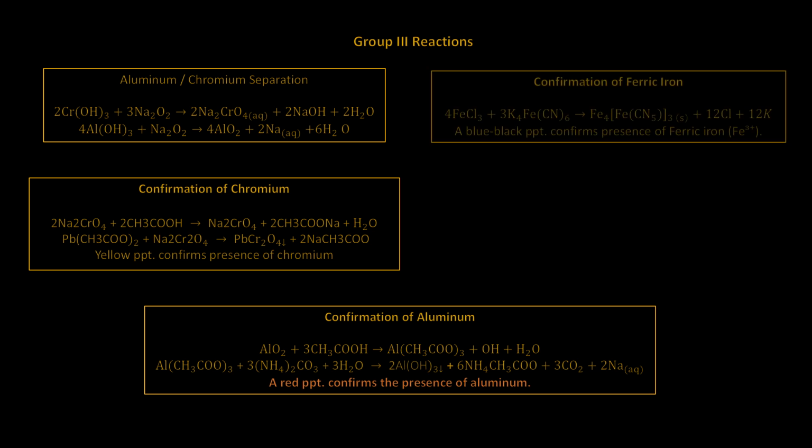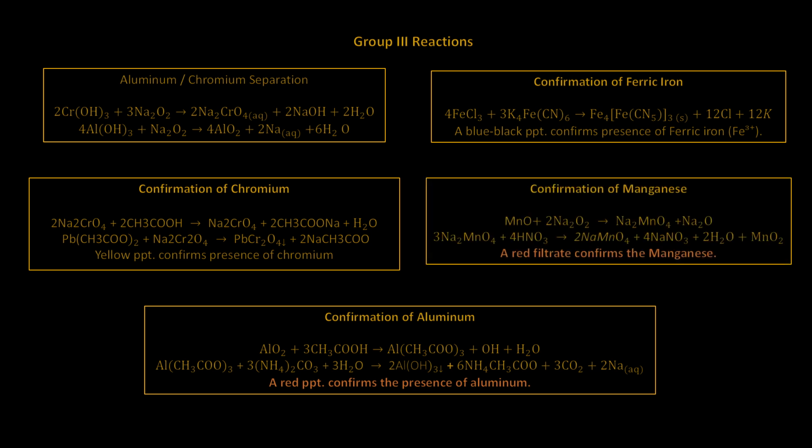Dissolving the precipitate that was generated by the addition of the sodium peroxide in hydrochloric acid produced iron 3 chloride. Adding the potassium cyanide produces a blue-black precipitate. This precipitate is the formation of ferric iron, if it was present in the sample.